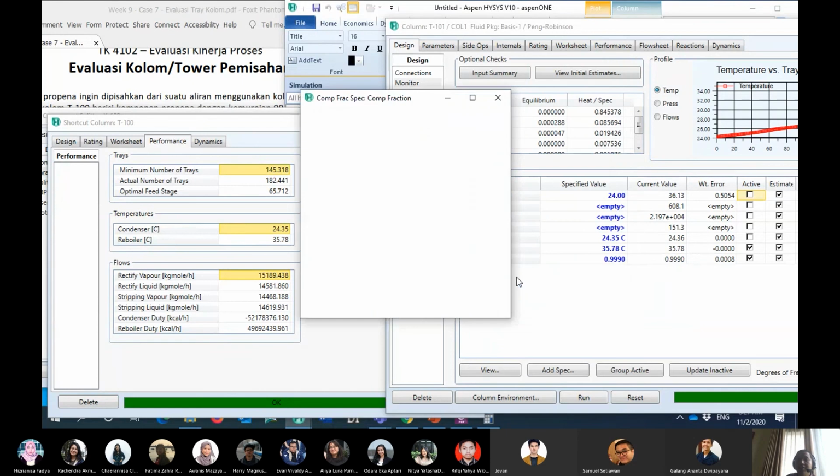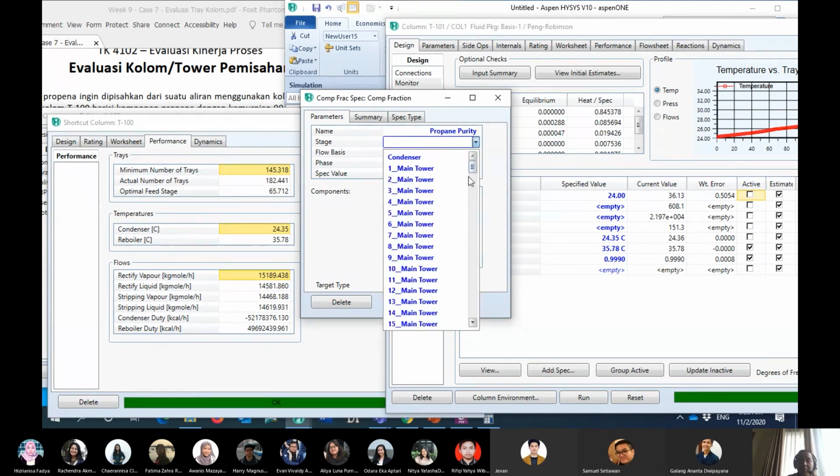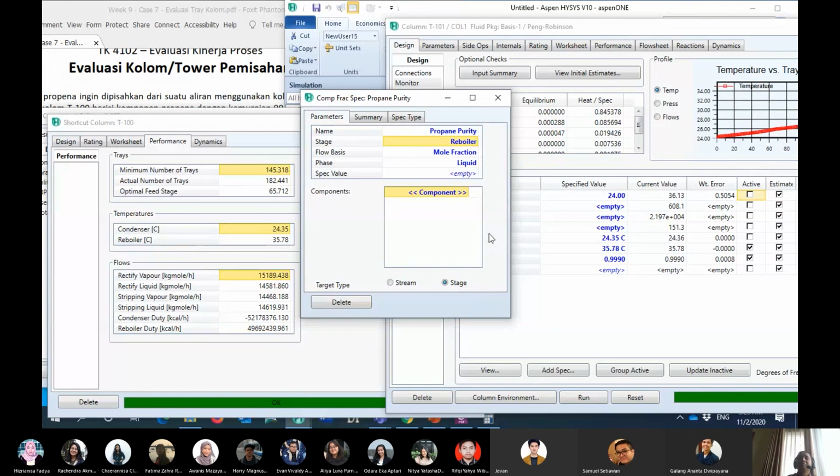component fraction in here, which is the propan purity at the stage of the bottom. Okay, and then the component will be propan.